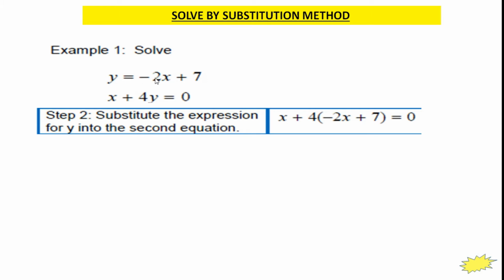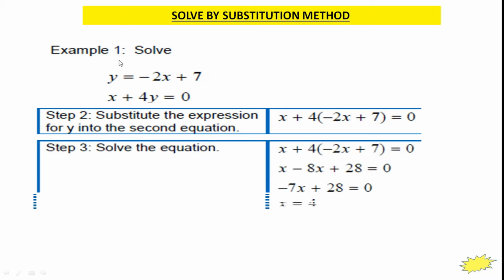Now, the way the pair is given to us, it was possible to write y is equal to minus 2x plus 7, where there are no fractions involved, and it was also possible to write x equal to minus 4y. However, even if one equation is possible to be written like that, it is good enough. So in this example, we've written y equal to this. Now, step 2 is substitute this expression in the second equation in place of y.